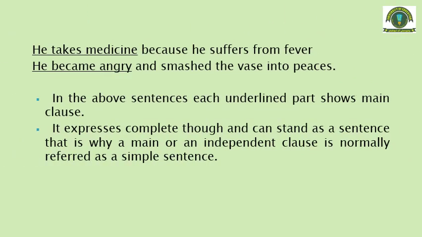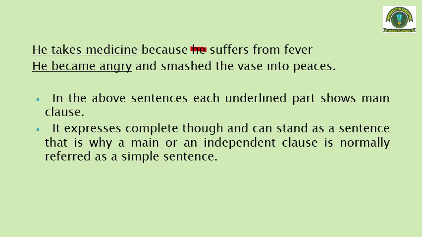We have further examples. "He takes medicine." He is the subject. "Takes medicine," yes, that's the predicate. The sentence is complete over here. The clause is complete. But there is something left in the sentence. Let's look toward that.